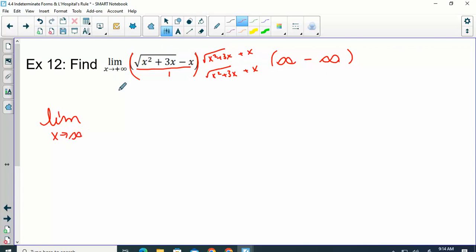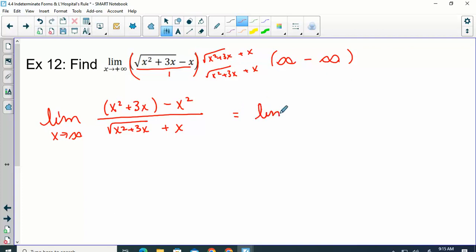So on the top, x squared plus the square root of x squared plus 3x times the square root of x squared plus 3x. Just cancel the radical. Because they're conjugates, outside and inside cancel. Minus negative x times x is negative x squared. So on the top, my x squareds cancel.